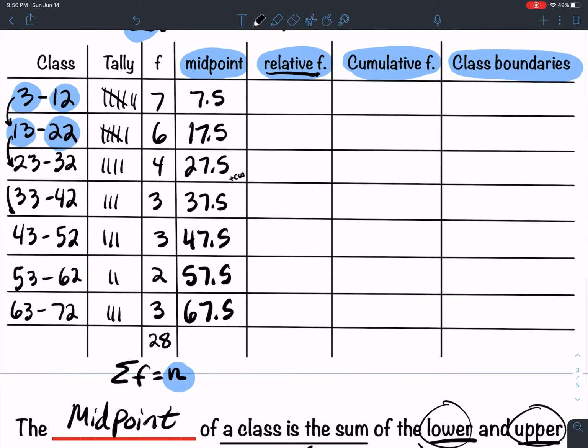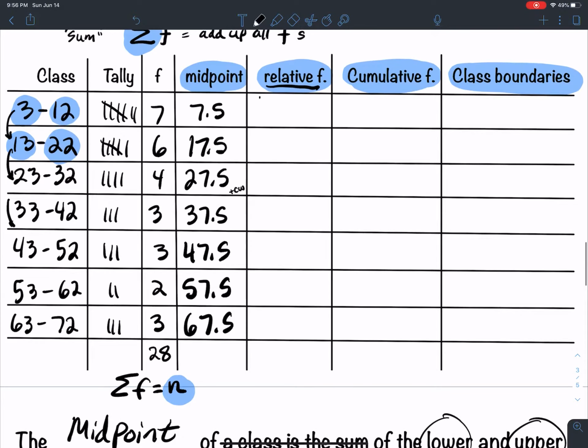So the relative frequency for the first, remember it's F divided by N. So that's going to be how many are in that class? It's 7 divided by 28. Now 7 divided by 28 gets me 0.25. Okay? The next one is 6, because there's 6 in this class. 6 divided by 28 total.